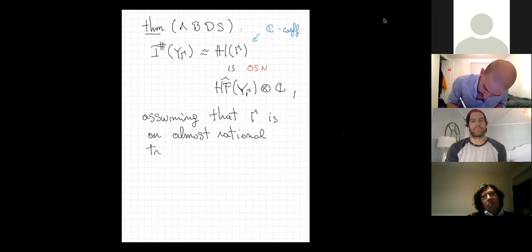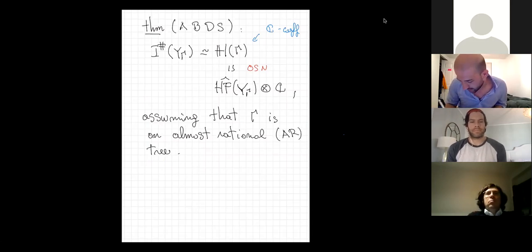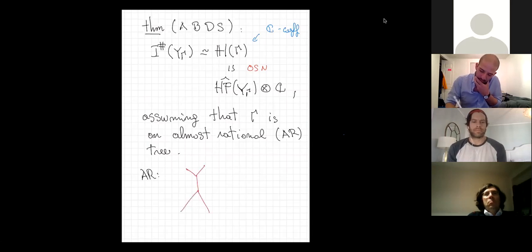I'm going to abbreviate almost rational by AR. So what do I mean by almost rational? Here you have the graph, and there is a vertex where you have a certain framing. If you substitute the framing of this vertex with a very negative one, then the graph is rational.